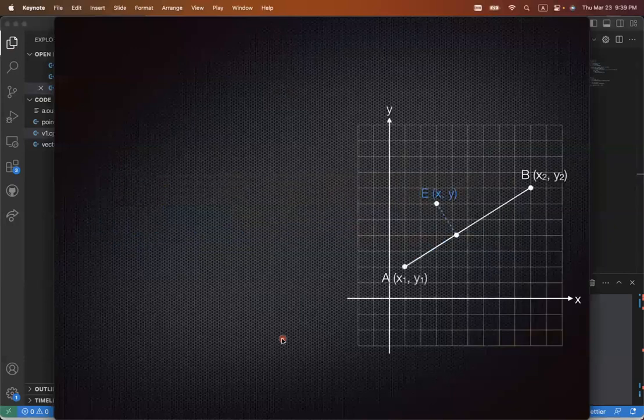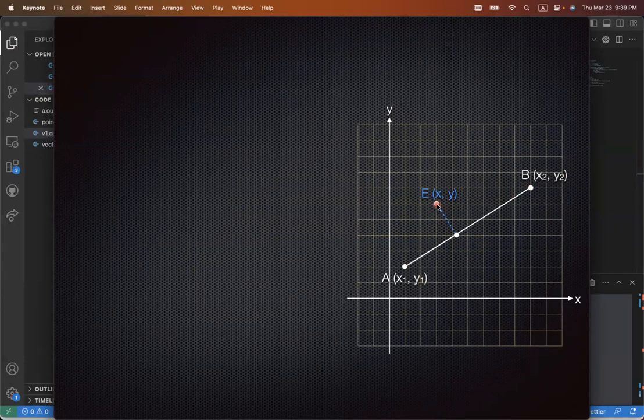How do we figure out, in this case, the line segment being AB and x1, y1, x2, y2 are given, and then we're considering every single grid point and take any particular grid point xy, which is also given, by the way, because you're looping all these values of xy in the 2D loop. So point E, you want to calculate the distance between point E to the line segment AB.